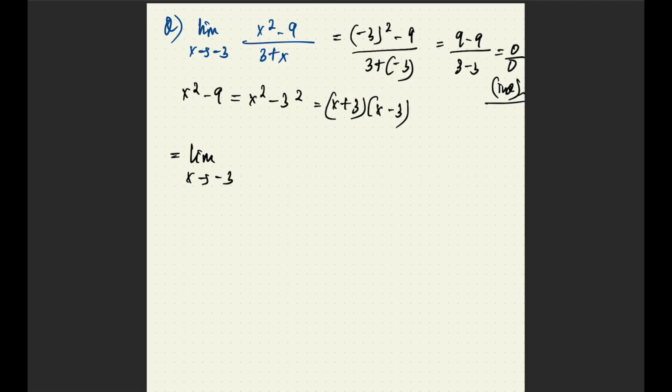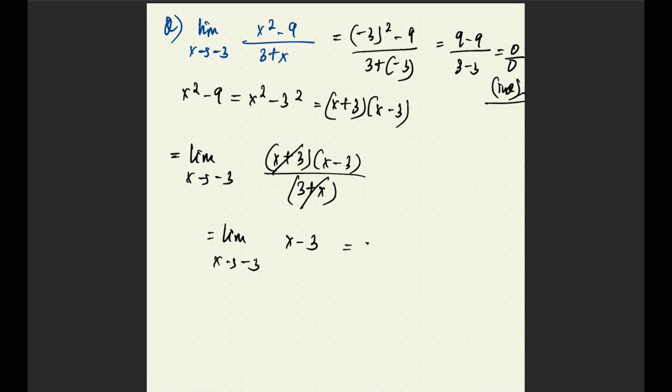The limit as x approaches minus 3 of x plus 3 multiplied by x minus 3 divided by 3 plus x. So we can cancel this, and what we're going to remain with is the limit as x approaches minus 3 of x minus 3. And now I'll just plug in. So I have minus 3 minus 3, which is equal to minus 6. So therefore, our limit as x approaches minus 3 of the function is equal to minus 6.